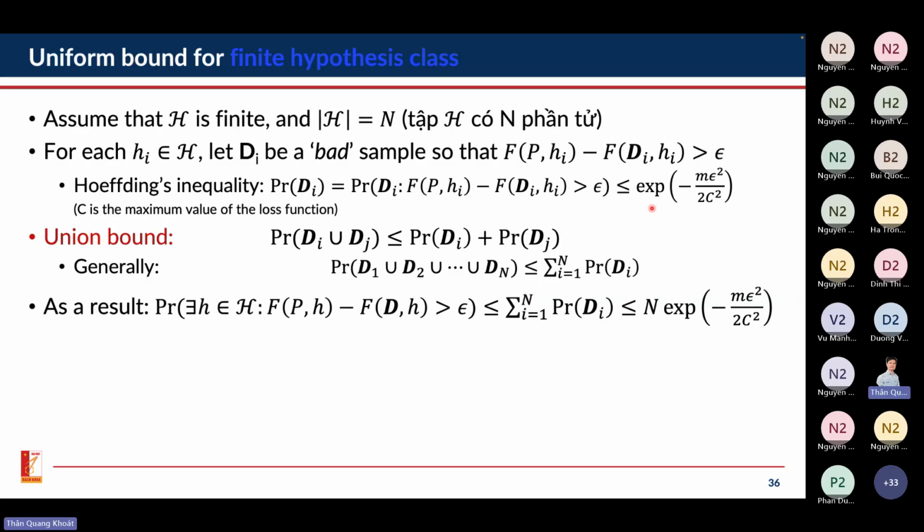And we unify all of this into one result. So essentially, we can say that the probability that there exists a member in the family so that the generalization error is large is at most the sum, and then at most n multiplied by this quantity. Okay.